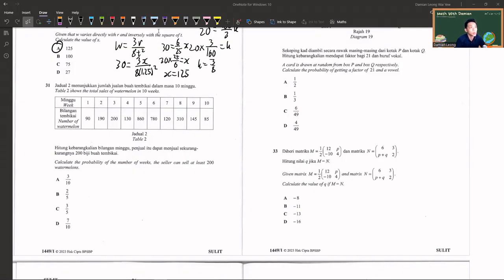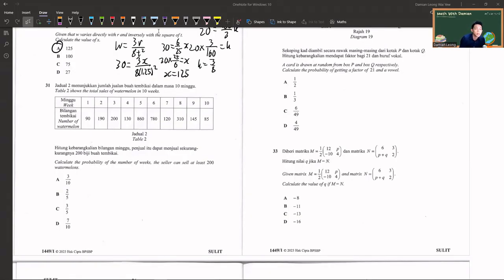Question 31, jadual 2 menunjukkan jumlah jualan buah tembikai dalam masa 10 minggu. Okay, in 10 weeks, total sales. So, hitung kebarangkalian bilangan minggu penjual itu dapat menjual sekurang-kurangnya 200 biji buah tembikai. Okay, so probability that the number of weeks the seller can sell at least 200 watermelons.